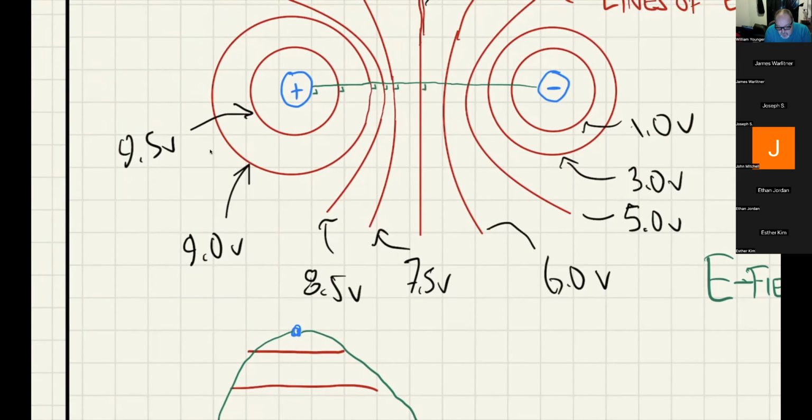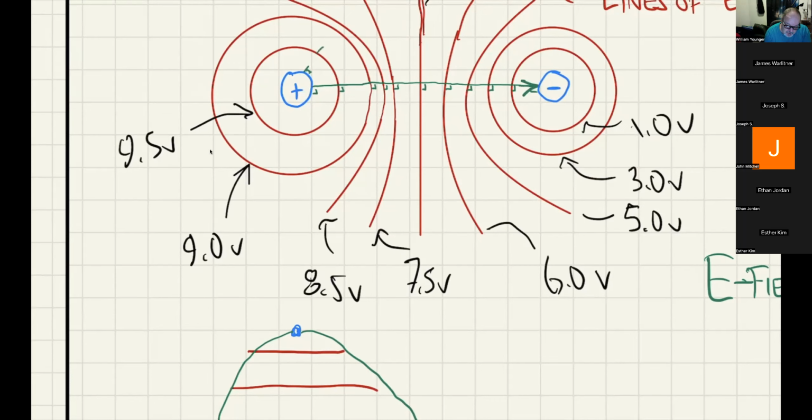And you also know that a positive charge wants to travel on its own in the direction of the electric field. So we know in this diagram, since the left-hand side is positive, that means the electric field must point to the right. Okay. Now, if I start here, I again have to go perpendicular.